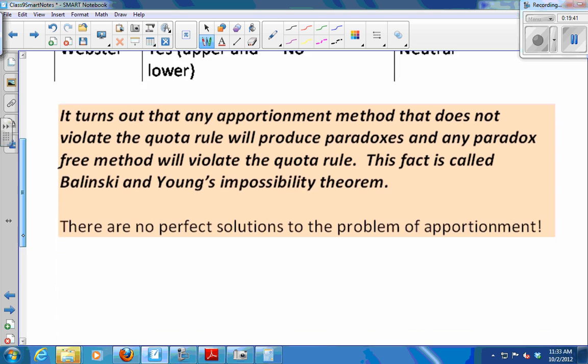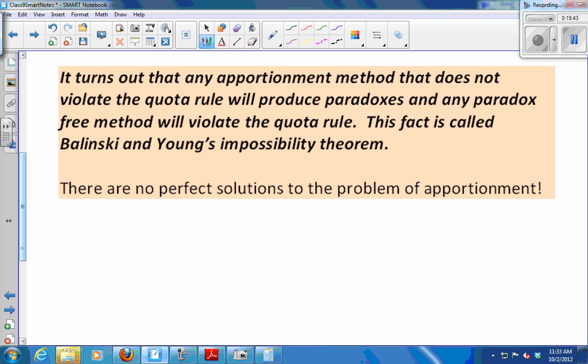So we have a result that's analogous to our result in chapter 1, the impossibility theorem. We have another impossibility theorem called Balinski and Young's impossibility theorem. It says that any apportionment method that does not violate the quota rule will produce paradoxes, and any paradox-free method will violate the quota rule.